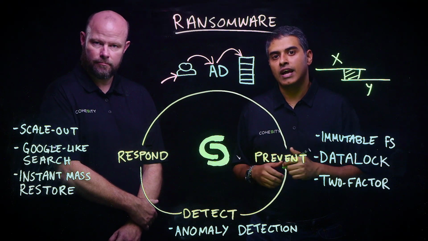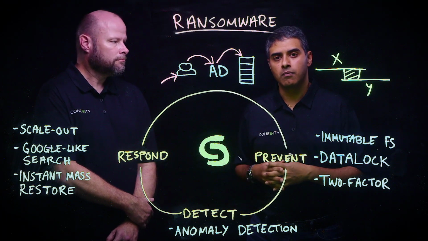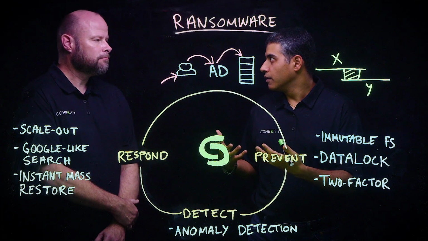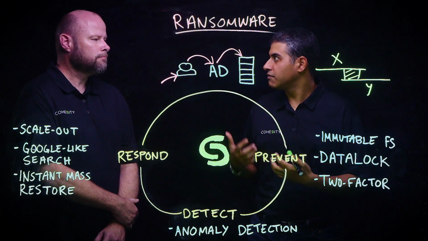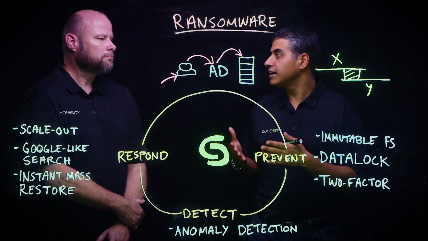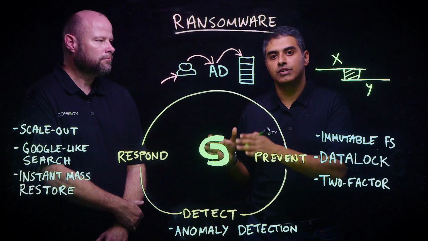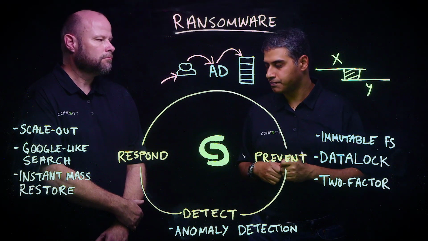This also allows IT admins to have unlimited copies of snaps. I'll give you an example. In an Oracle workload, the IT admin actually has the flexibility to go and recover from any point in time, even between two snapshots. So with a scale-out architecture, Cohesity makes that possible.